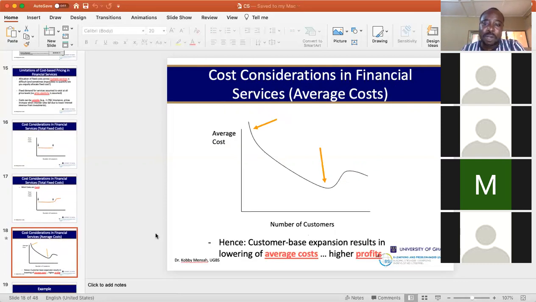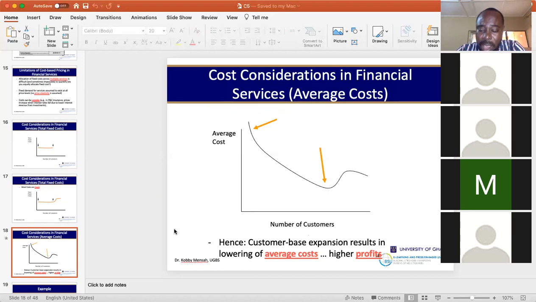And then, of course, when you look at your average cost, it moves downward as a result of time and the number of people that you take on board. So if you increase customers by a certain margin, your average cost comes down, but the other cost variables that we saw increase. Why does average cost come down?